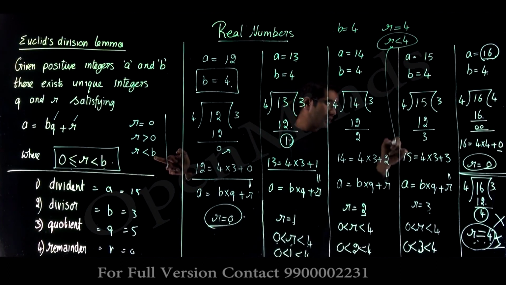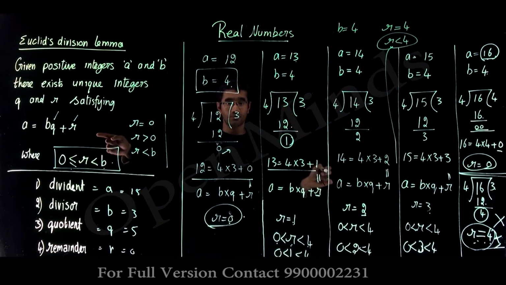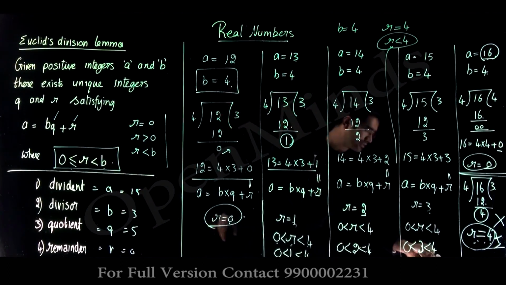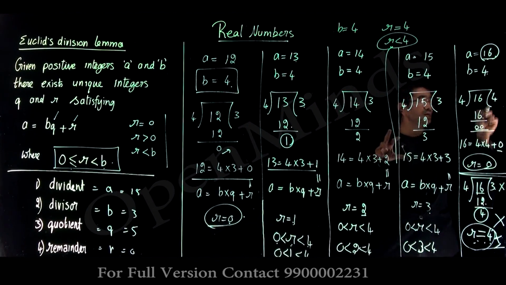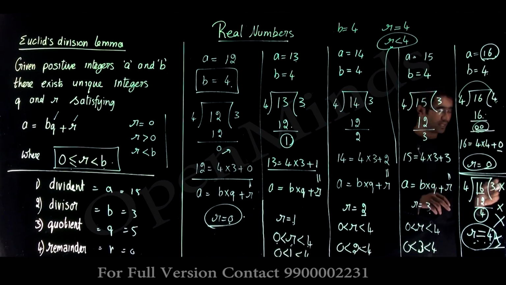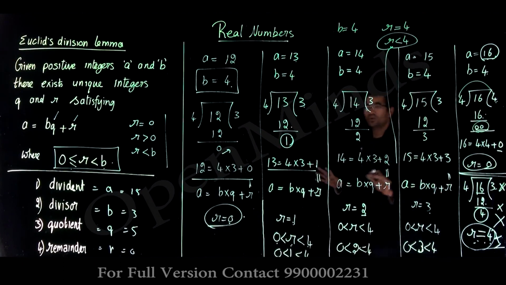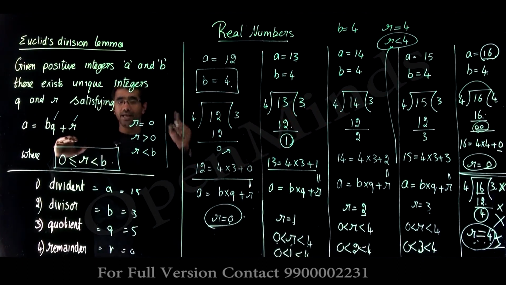So for this equation, or the lemma, to be satisfied, this is the last thing you can take, and this division is wrong, okay? Because I can actually divide 16 like 4 times, not 3 times. So that is wrong division, right? I can divide it one more time, like 4 times 4 is 16, and the remainder is 0. So that division is wrong. That's what explains to us what is division lemma, and it has to be this equation, and definitely R cannot be equal to B also, all right?